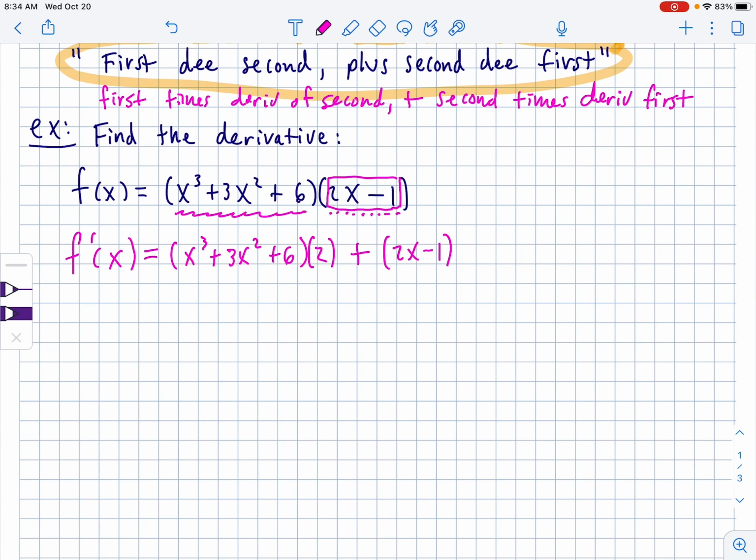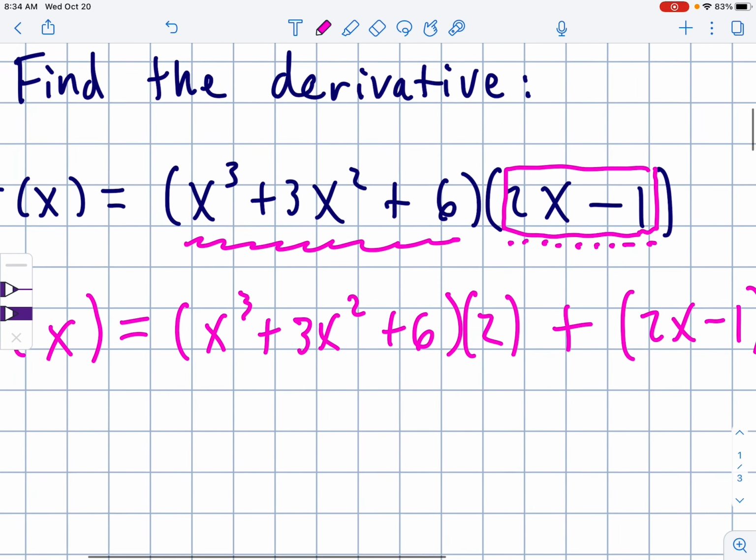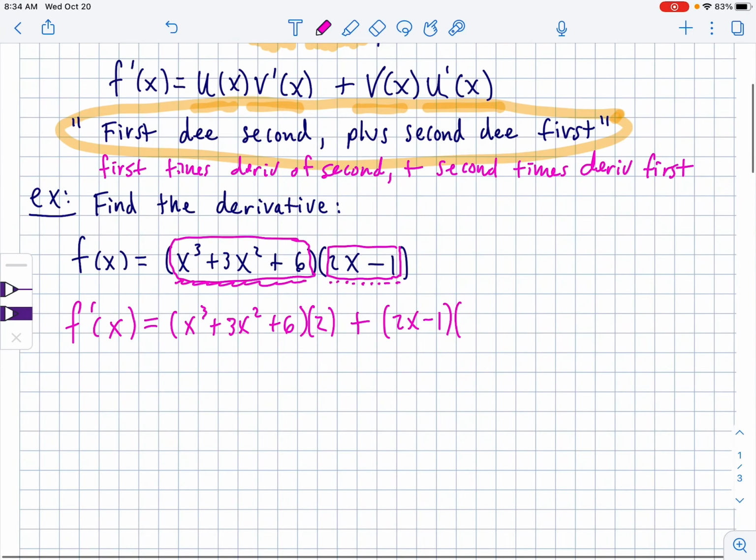So that's 2. But then I have to add second d first. So second means keeping the 2x minus 1 by itself, and then the derivative of the first, that's a straight power rule. You're just dropping the powers down. That's 3x squared plus 6x, and that's it.